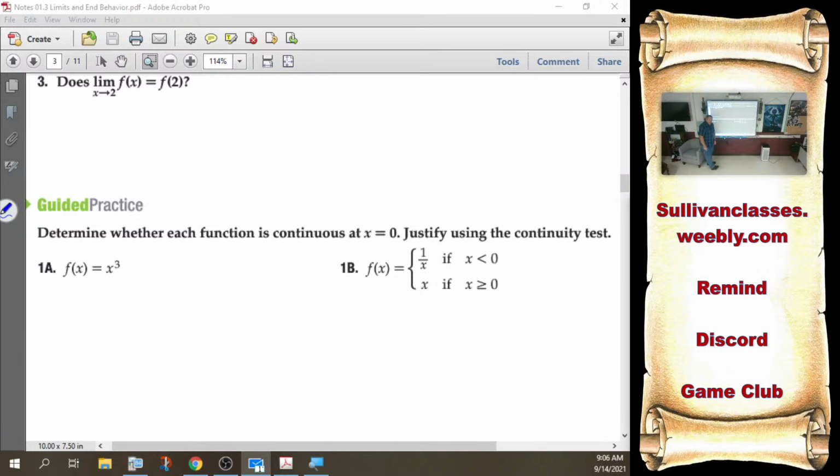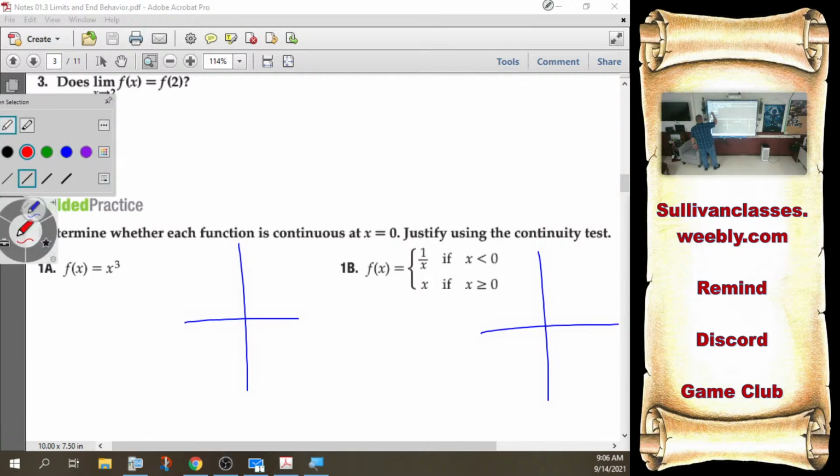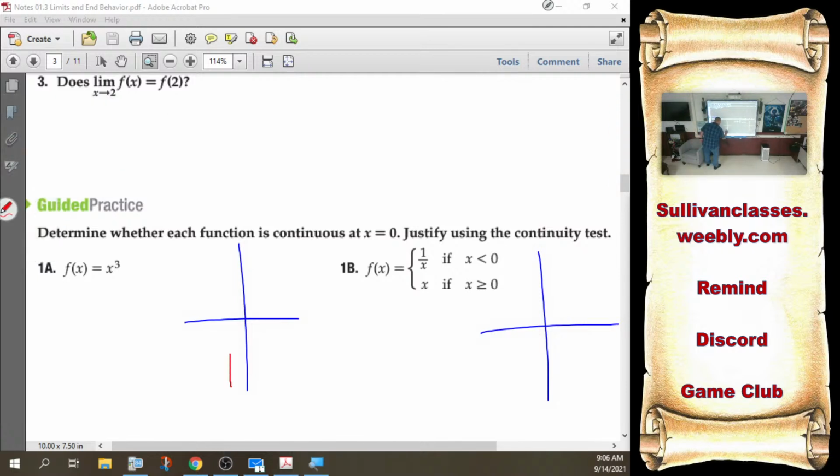All right, if I'm looking at these as graphs, they shouldn't be long. A cubic looks like this.